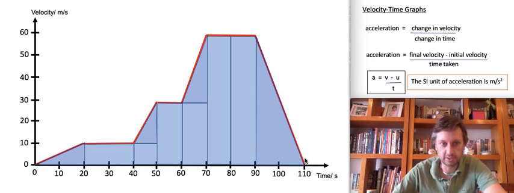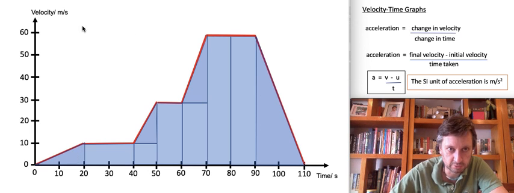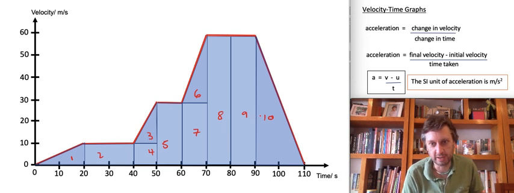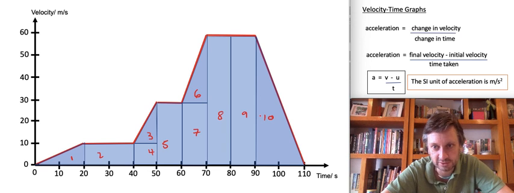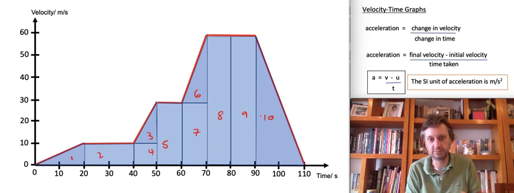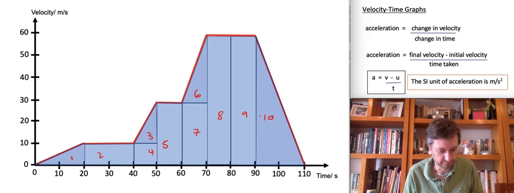You need to calculate an area for each one of those individual shapes. 1, 2, 3, 4, 5, 6, 7, 8, 9, 10 shapes in total. And to make it easy, I've just made it triangles, rectangles, or squares. Okay, so I'll speak to you in the class, and the first question I'm going to ask you after you've watched this video is, what is your calculation for the total distance travelled by that moving object in this journey?